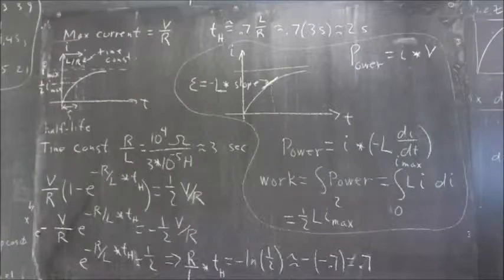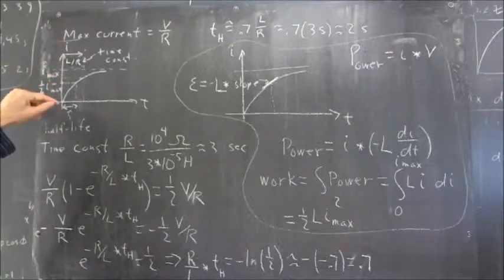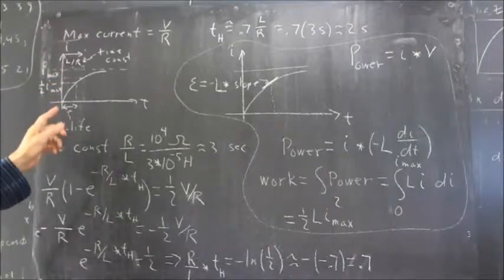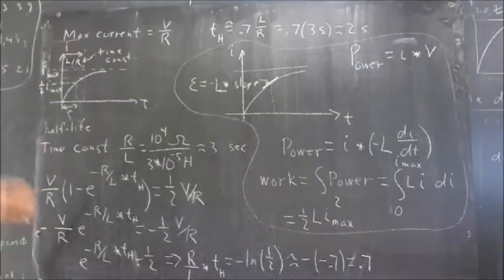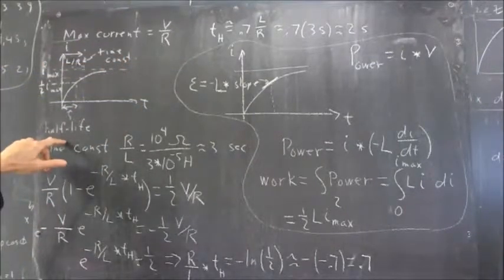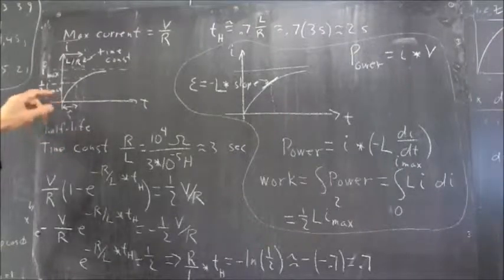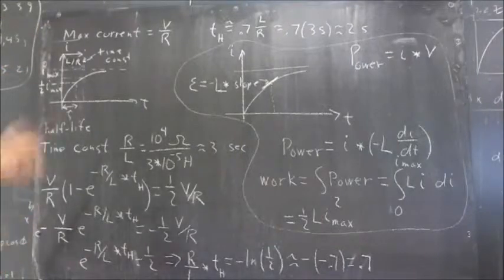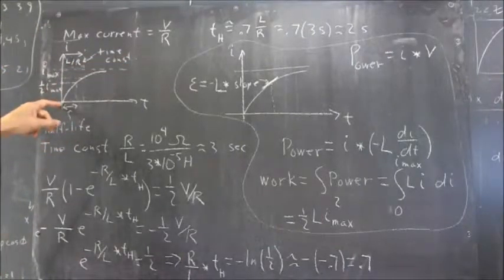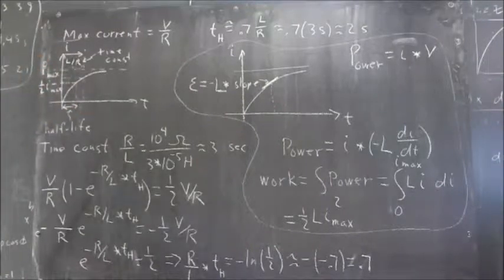And as we've seen previously in relation to RC circuits, the time required for the current to exponentially approach its asymptote is called the half-life, and it's the time it takes the current to go from 0, corresponding to closing the switch on an LR circuit with constant voltage, to half the maximum current.